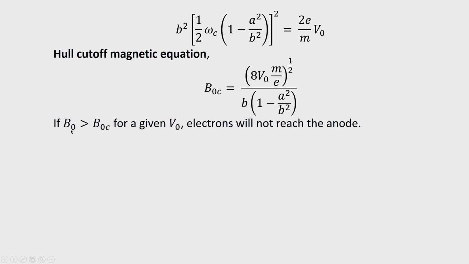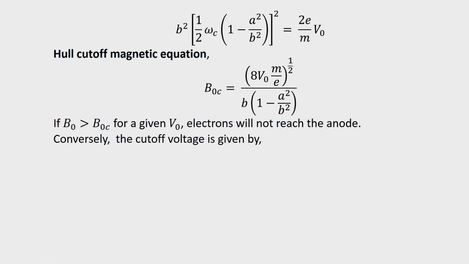If B naught, the applied magnetic field, is greater than this cutoff magnetic field for the given V naught, the electrons will not reach the anode, because we have derived this condition considering that dr by dt becomes 0 at the anode.